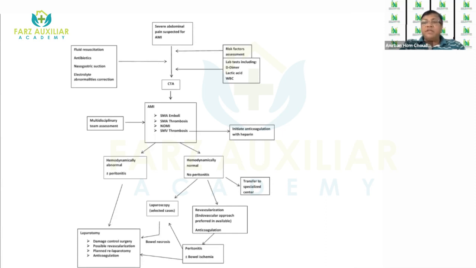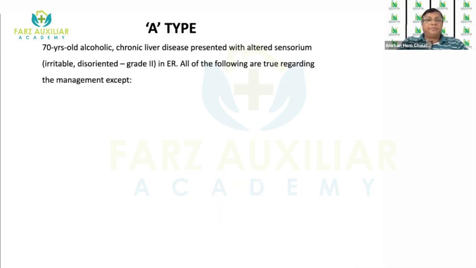However, if the patient is hemodynamically unstable with or without peritonitis, then the patient needs to be put up for an emergency laparotomy for damage control surgery, with possible revascularization and anticoagulation to follow. Now, if this schematic diagram gets imprinted, then the line of approach to treating such patients becomes very easy, and you will be able to answer the questions with much more confidence.